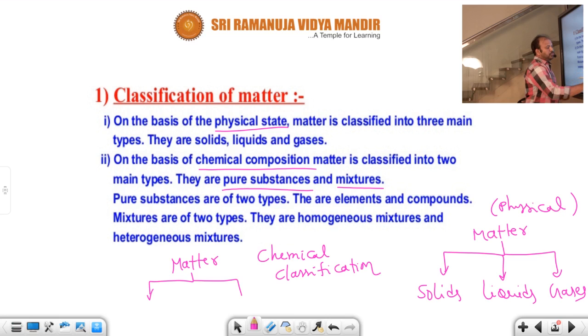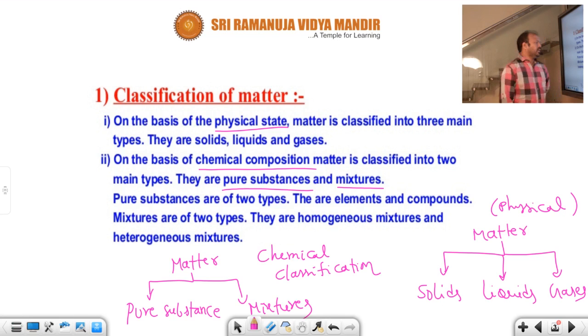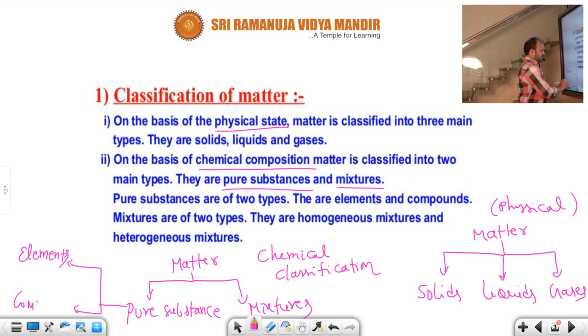Pure substances as well as mixtures. Mixtures means impure substances. Pure substances are again classified into two types: elements as well as compounds.